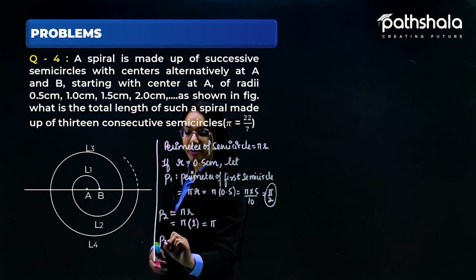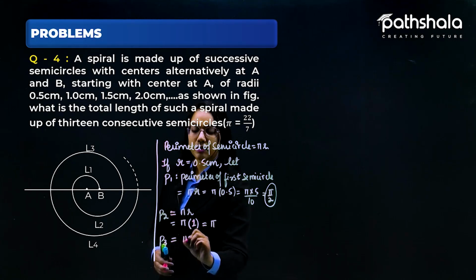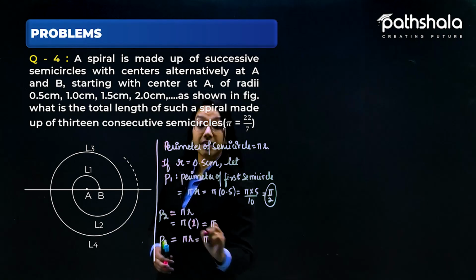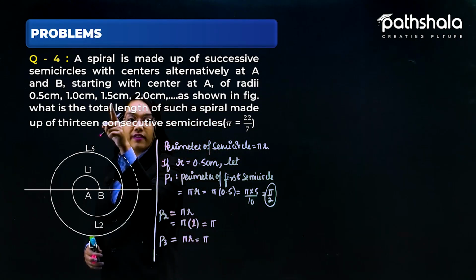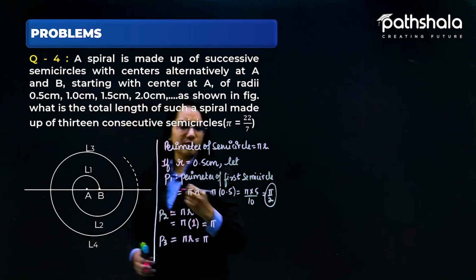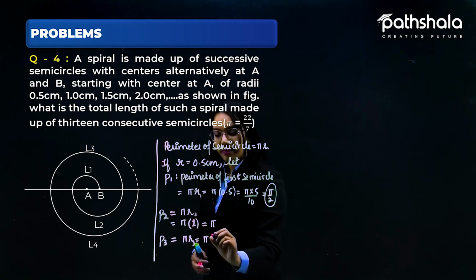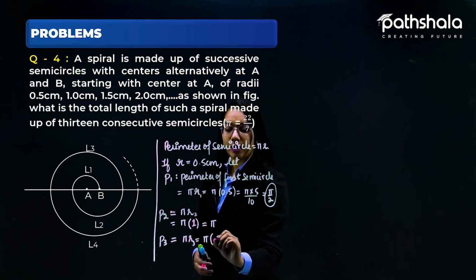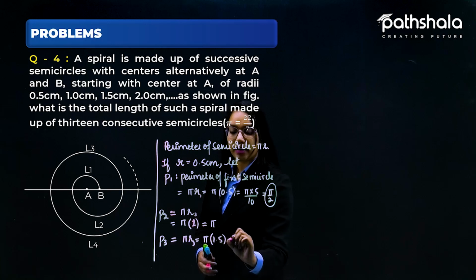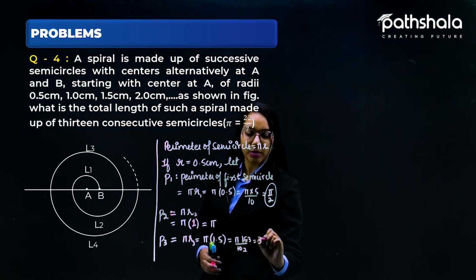Now let's talk about P3, the perimeter of the third semicircle. This is pi r again, and here the radius would be 1.5. As you can see, this is my radius 1, this is radius 2, this is radius 3; let us write them as r1, r2, r3 and so on. So this r3 is 1.5, and we can write 1.5 as 15/10, which is 3/2, so this is 3 pi/2.